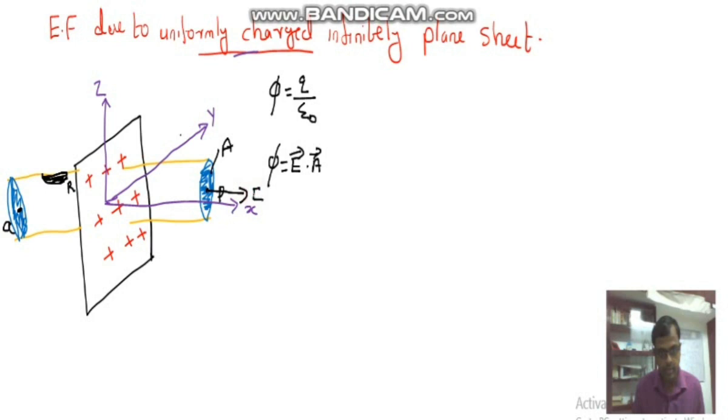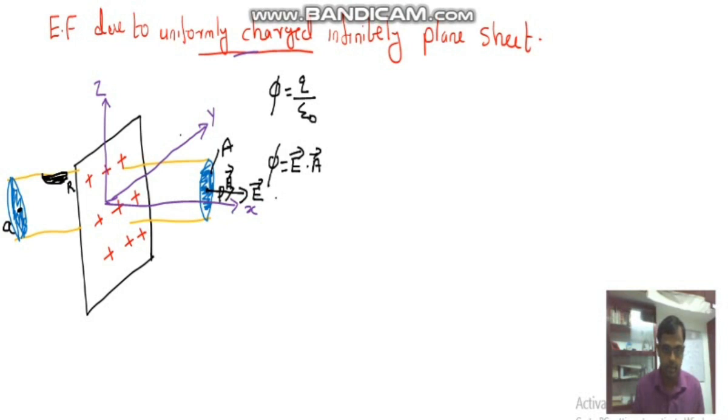I am writing it as E vector. Now at the same point P, what is the area vector direction? The area vector is always along the outward normal to the surface. So this is the area vector. E vector as well as area vector are in the same direction.